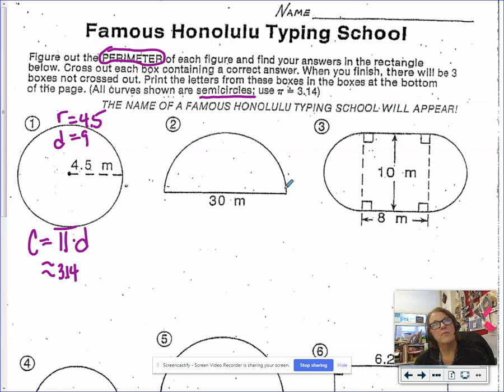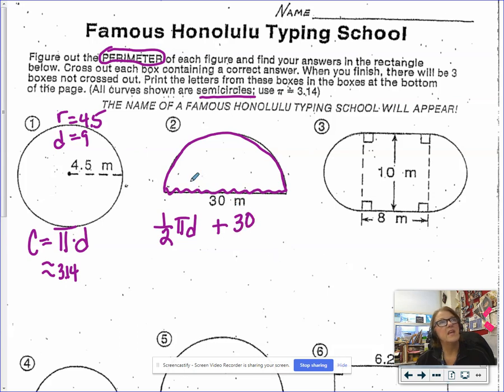I want the perimeter of this semicircle or half circle. So I need to figure out the distance of that, and that is going to be half of a circumference, okay? This is half the circumference, which is pi times diameter. And then I've got to add on to that this straight line segment, which is 30.